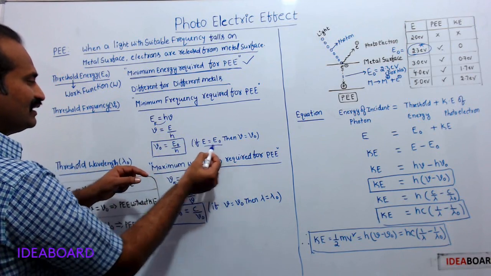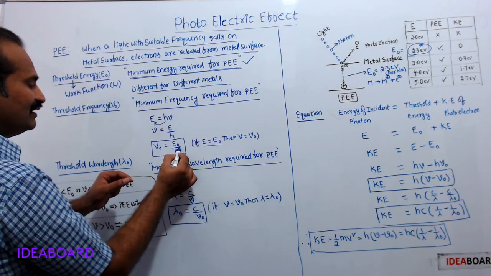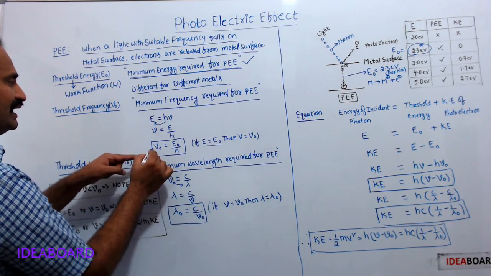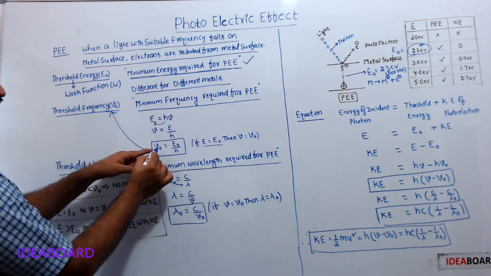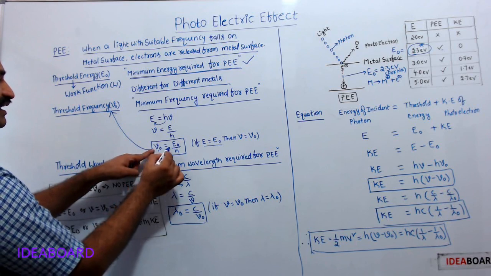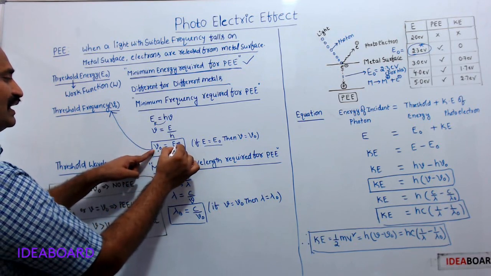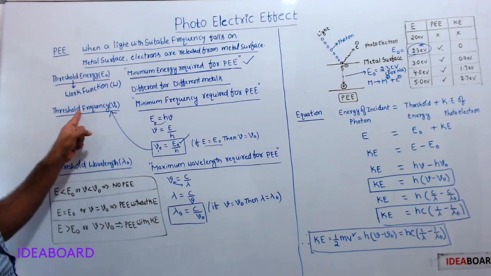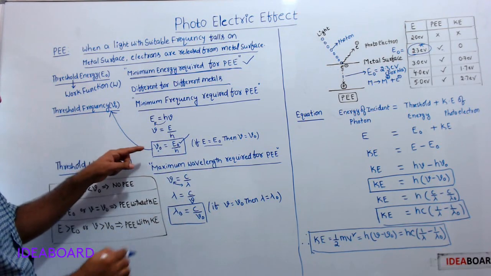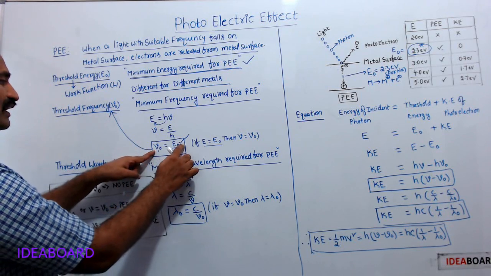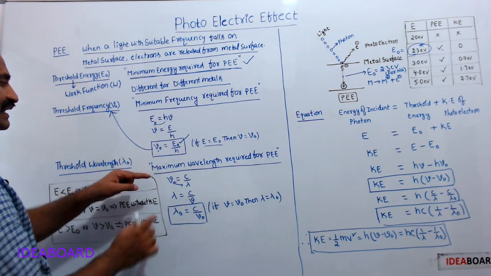Substitute E naught, then nu is equal to nu naught. This means nu naught is the threshold frequency. Nu naught is the frequency corresponding to threshold energy. What is threshold frequency? Threshold frequency is the frequency corresponding to threshold energy.